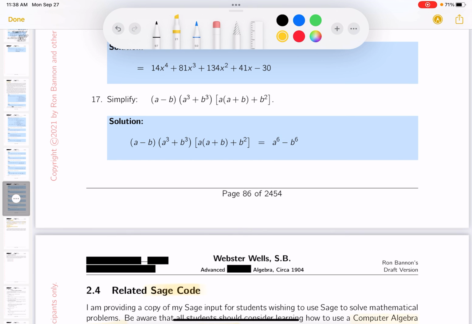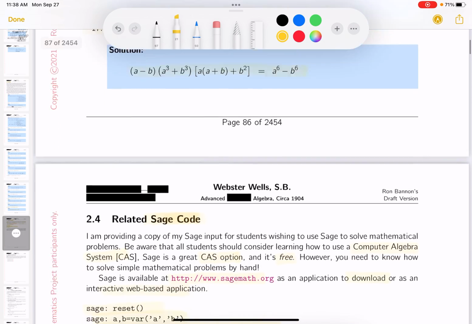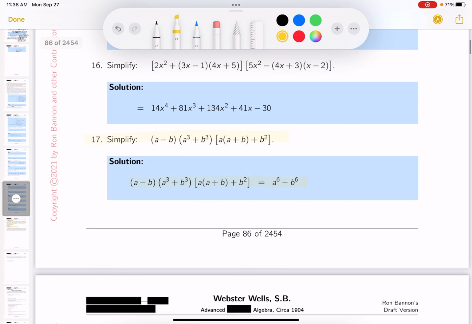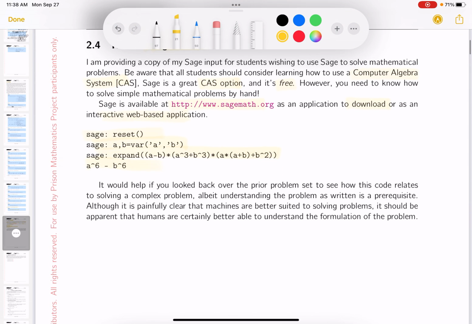And it looks like it's related to problem number 17. You may want to look back at that and see how much struggle you had with 17 when you did it, and how simply Sage sees that problem. I'm not going to say that's alarming to you, but it should make you wonder how they programmed this stuff.